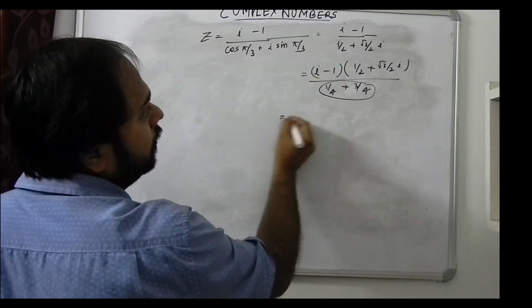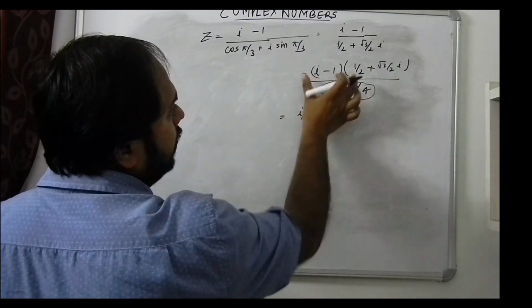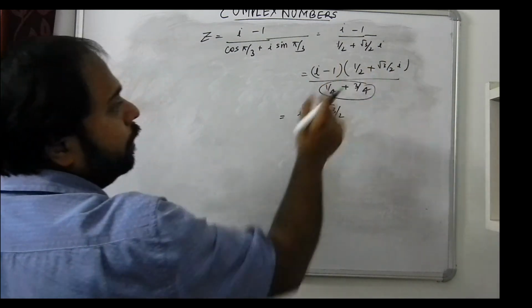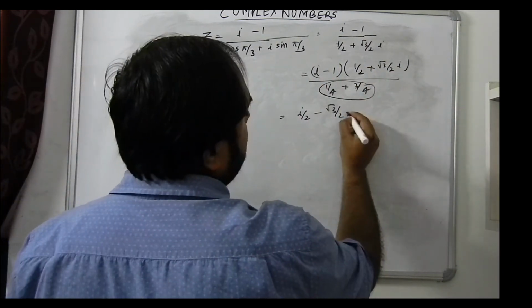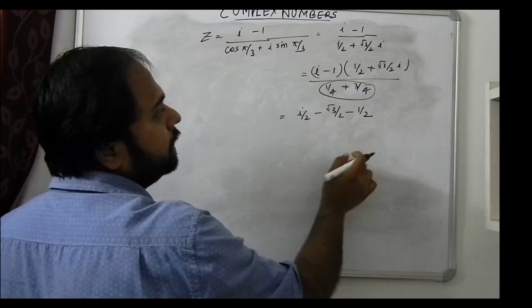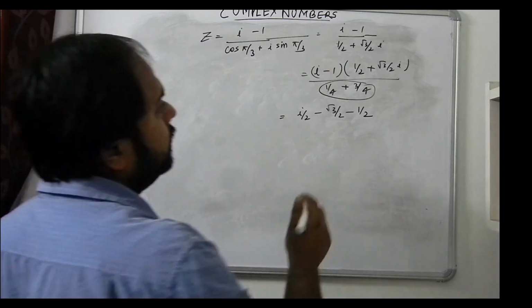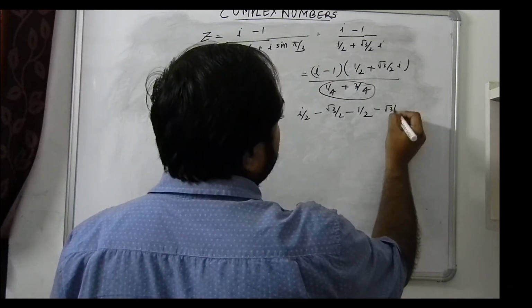So this is nothing but i by 2 from the first terms, and then it becomes minus root 3 by 2 iota, which is minus 1 square, so minus 1 by 2. Then this becomes minus root 3 by 2 iota.